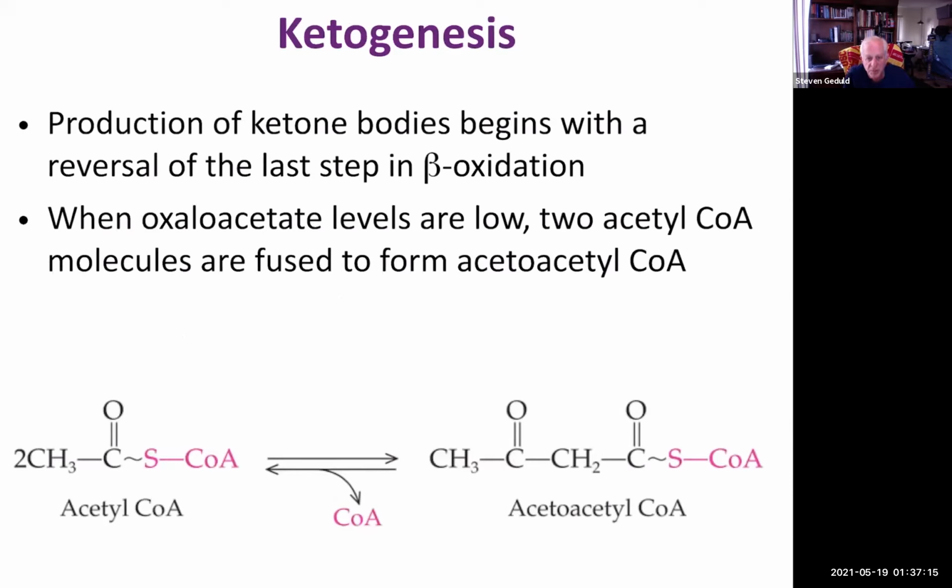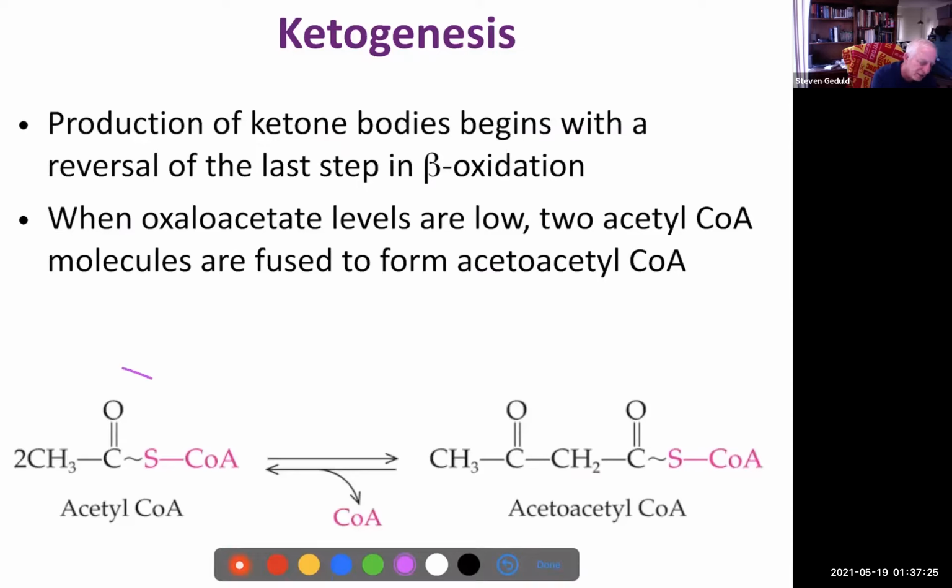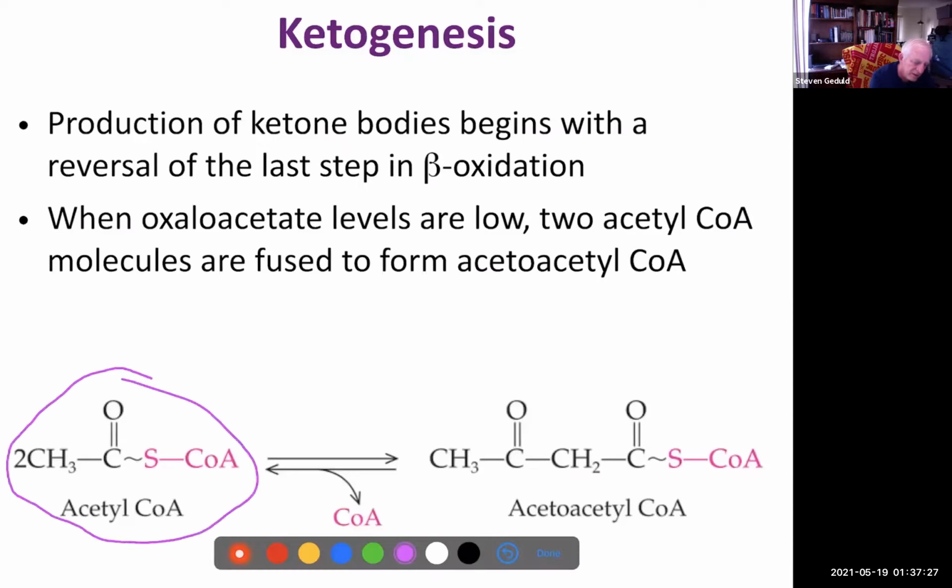Ketogenesis, the production of ketone bodies, begins with the reversal of the last step of beta oxidation. Instead of producing acetyl coenzyme A, because then we have excess acetyl coenzyme A since oxaloacetate is not present, we have 1, 2, 3, 4 carbons now.